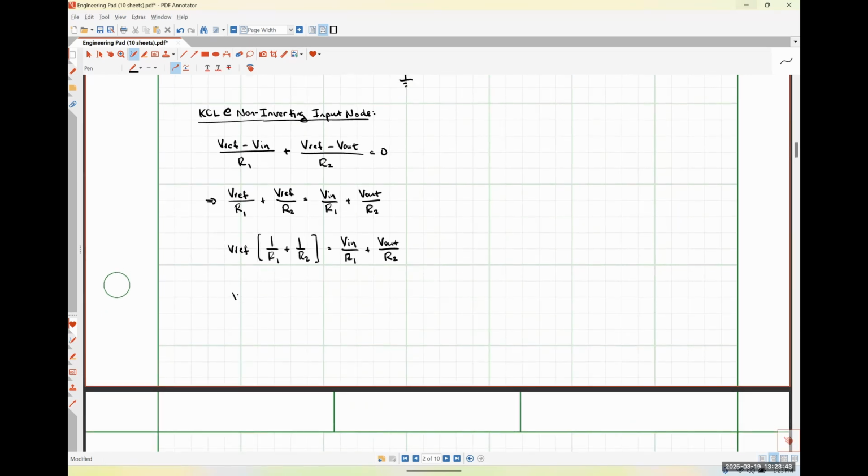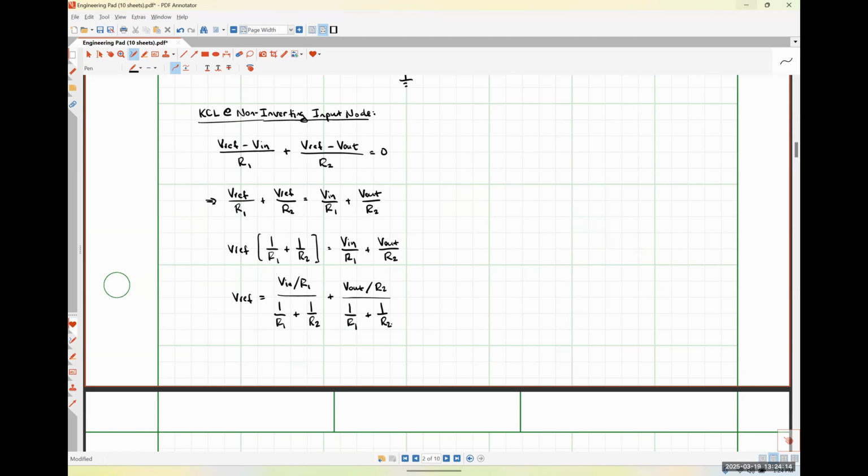So that's going to give me the relationship Vref is equal to, I'm going to write it like this, Vn over R1 divided by 1 over R1 plus 1 over R2 plus V out divided by R2 divided by 1 over R1 plus 1 over R2.